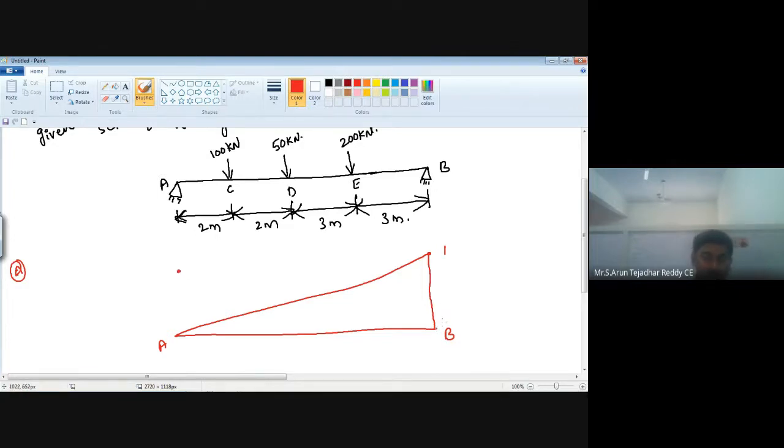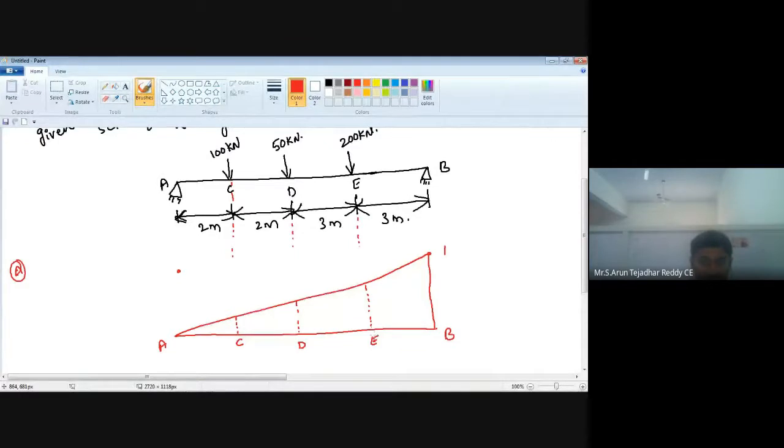Now, here load is acting, at point C, at point D also, and at point E also the load is acting. Up to here clear?